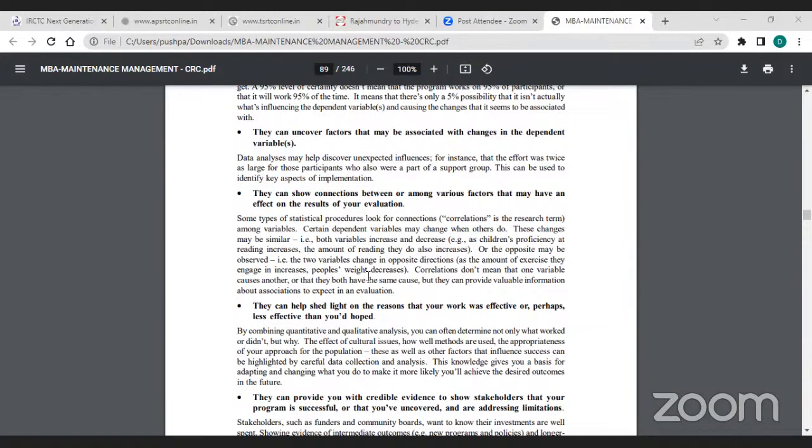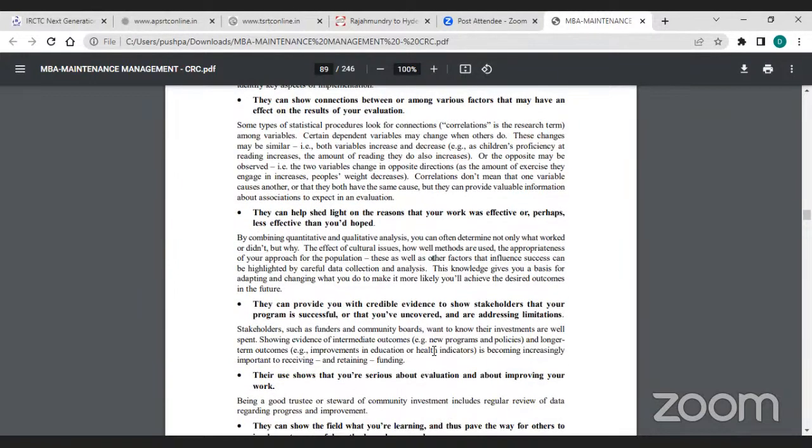They may just work out whether it is working or not. Then the fourth factor is that they can provide you credible evidence to show the stakeholders that your program is successful.